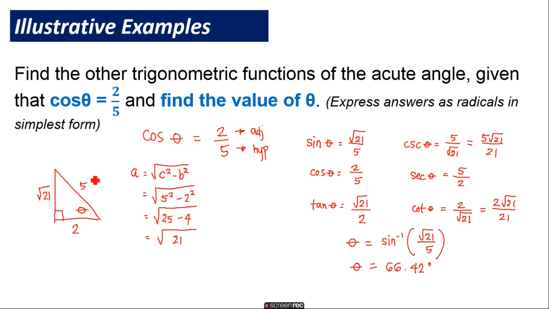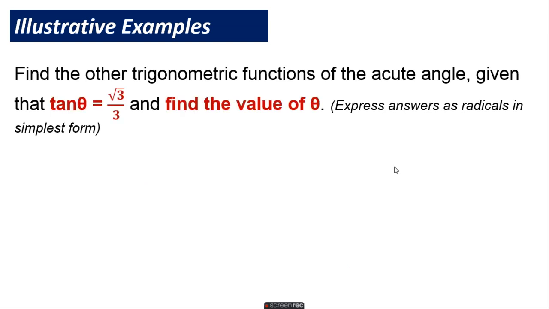Then we need to draw the figure so that we can represent the ratio and solve for the missing side. If the sides are already complete, then we can get the trigonometric functions. And eventually we can solve for theta, the angle. Alright, so let's proceed to our next example.